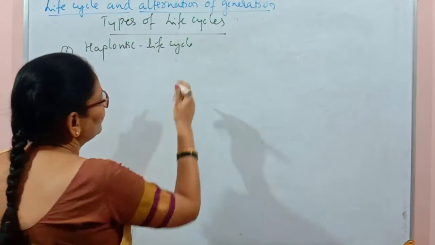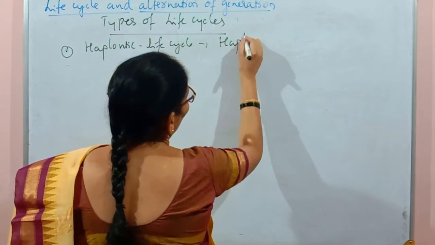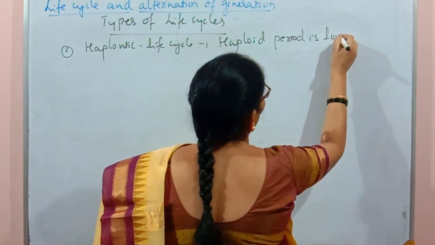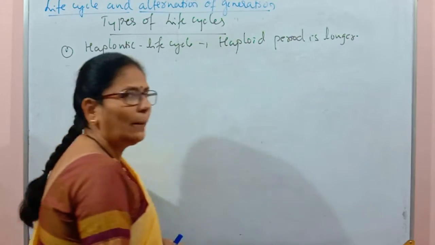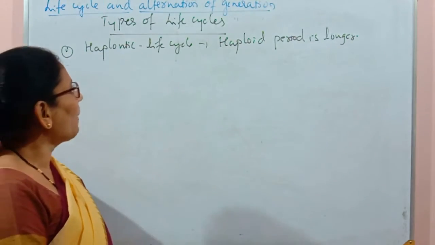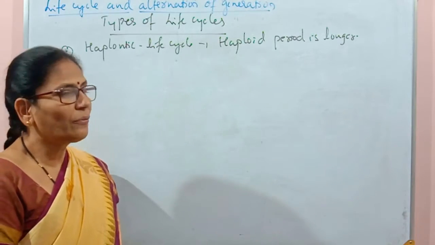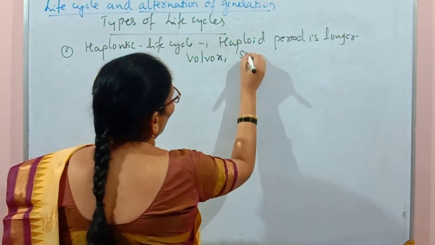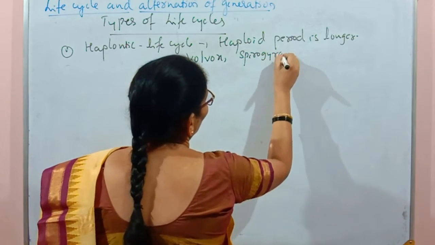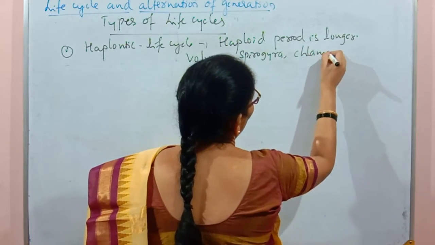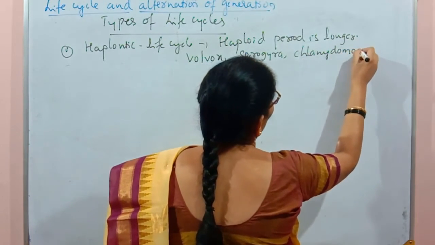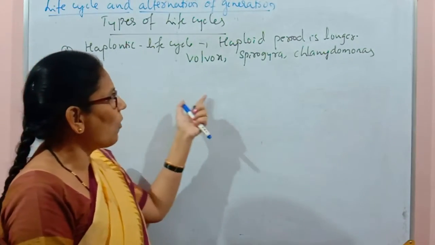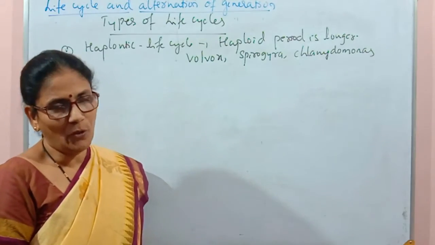In this life cycle, the haploid period is longer compared to the diploid period. We may see the haplontic life cycle in most of the algae such as Volvox, Spirogyra and Chlamydomonas.